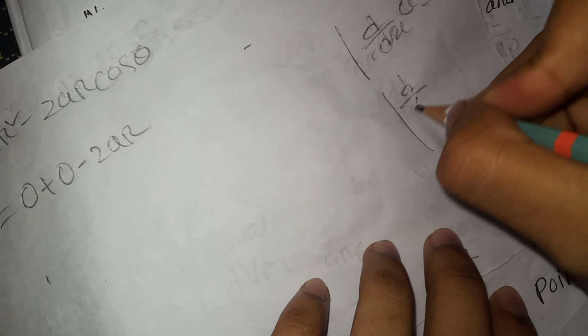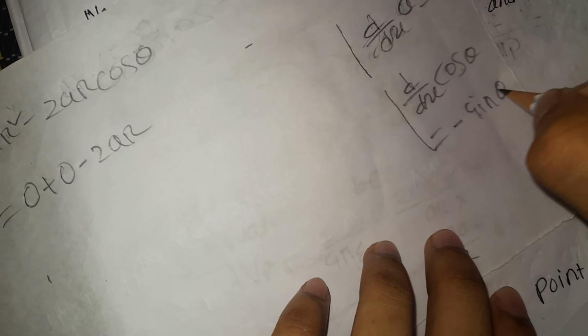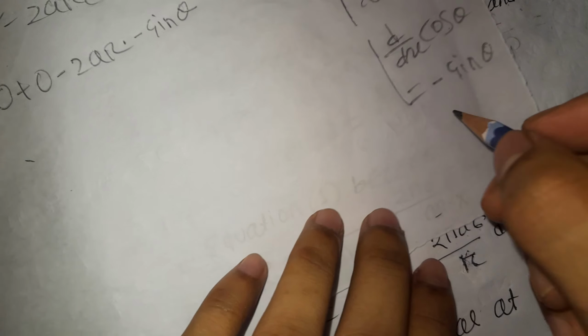2ar, and also we know d by dx of cos theta equal minus sin theta into d theta by dx. In this case cos theta is not x.